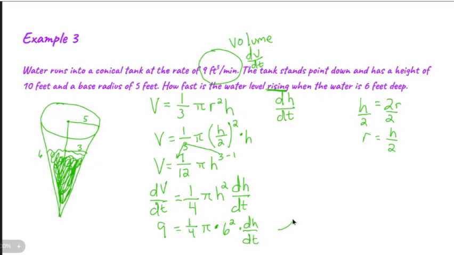So let's talk this through a little bit. You have 6 squared is 36 times 1/4. So 36 times 1/4 would be 9. So we end up with 9 equals 9 pi dh/dt. And then you just divide by 9 pi.